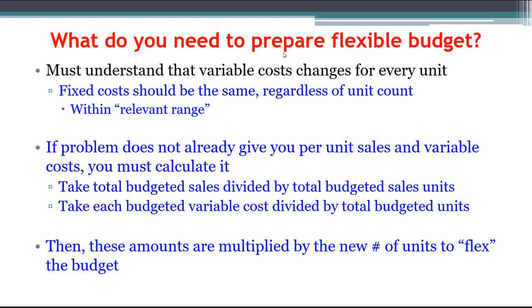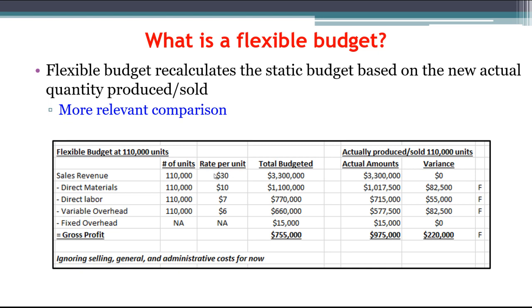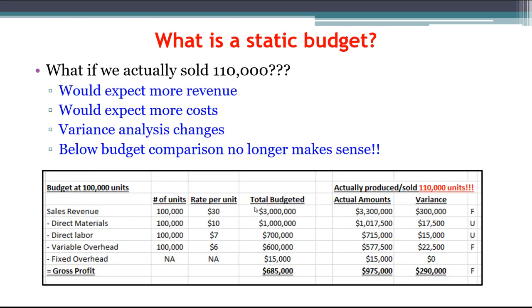So we need to understand how variable costs behave compared to fixed costs. Very importantly, if we do not already have the per unit sales and variable costs, we have to calculate it. Now in this case, they already gave us the rate per unit, but let's go back a second. Let's say they didn't.